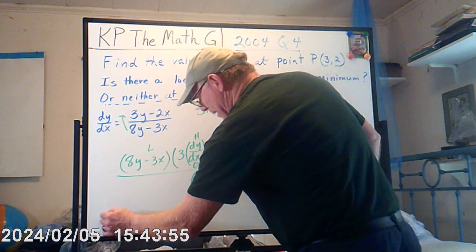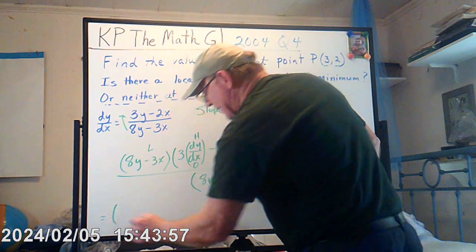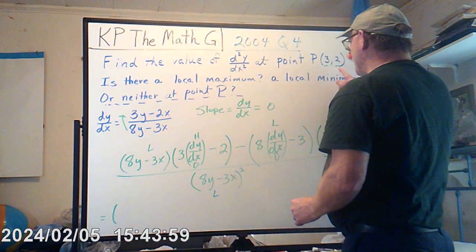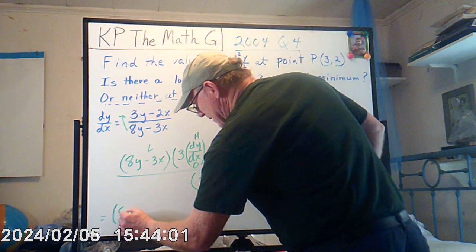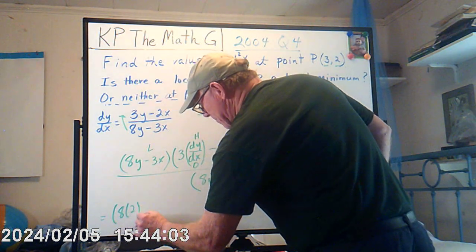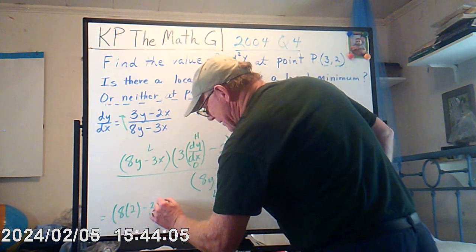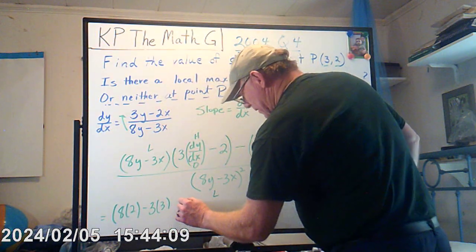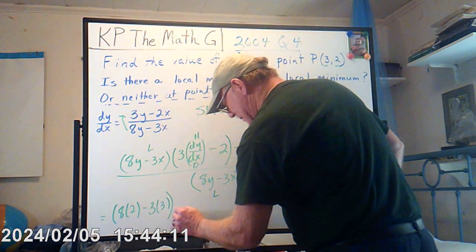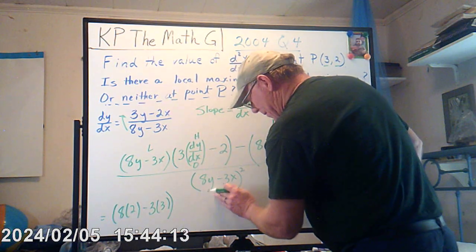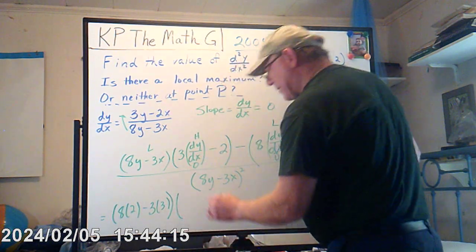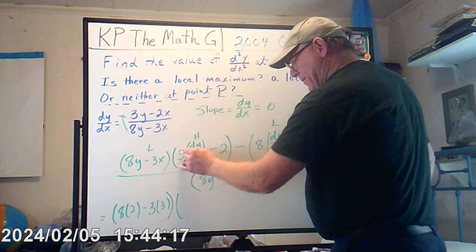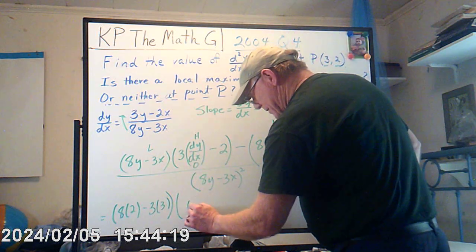I may have to flip the board over, but let's see. 8 times 2 minus 3 times 3, times, this is actually 0. 3 times 0 is 0.